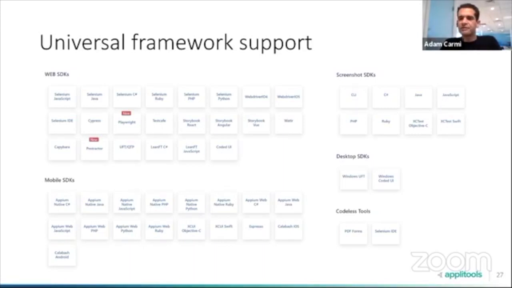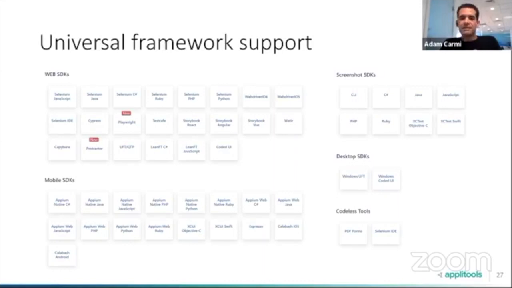They're all supported. So even if your organization uses a very diverse tech stack, every team will find what it needs with Applitools to work with, and any new technology that will come up, we will also support it.